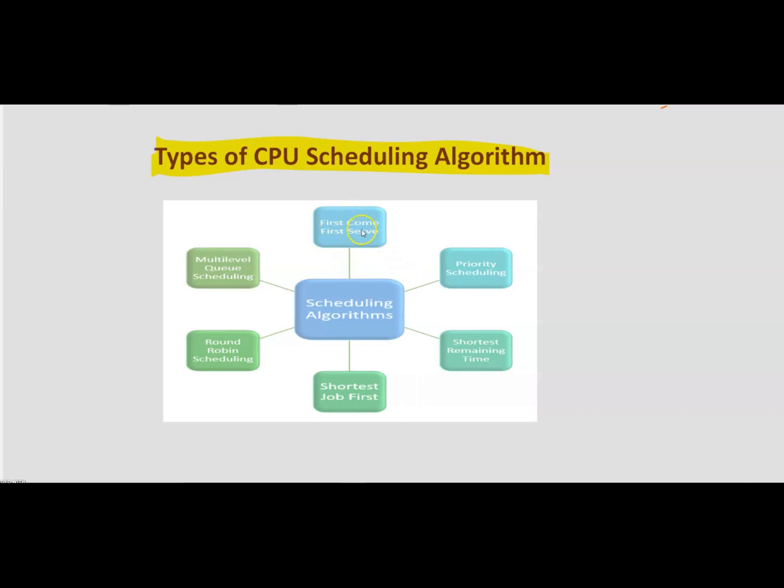The very first, the simple one, is first come first serve, then the priority scheduling algorithm, then shortest remaining time, then shortest job, which is the second version of shortest remaining time. Then another algorithm is the round robin scheduling algorithm, and the last one, the newer one, is the multi-level queue scheduling algorithm.